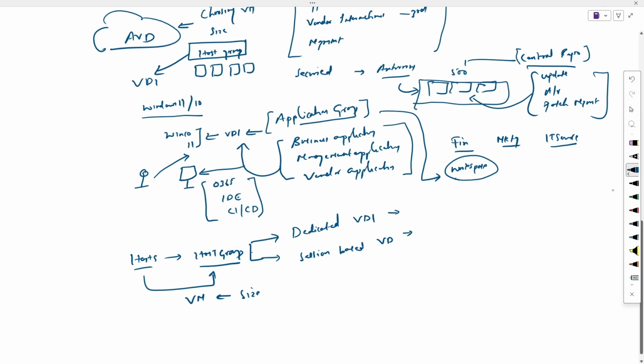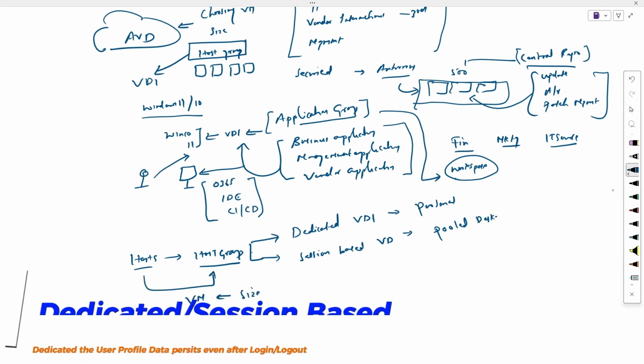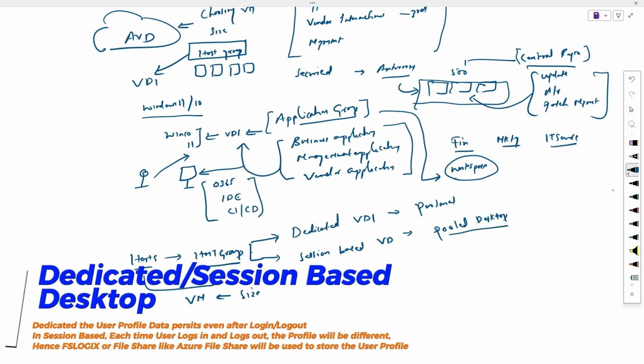Dedicated is called a personal desktop, and session-based virtual desktop is called a pooled desktop. So the user will be getting sessions from the pooled desktop.